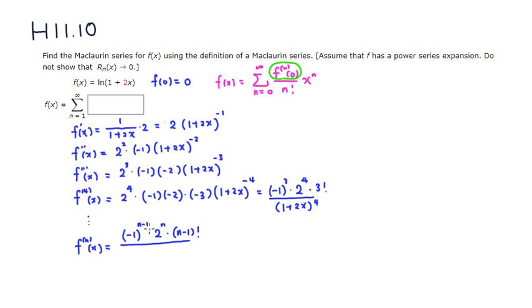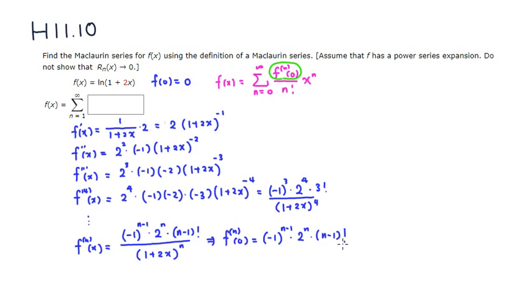And on the bottom, you have 1 plus 2x raised to the nth power. Then I'm going to just plug in 0 for x. If you plug in 0 on the bottom, 1 to the n is just 1. So you get negative 1 to the n minus 1 times 2 to the n times n minus 1 factorial.